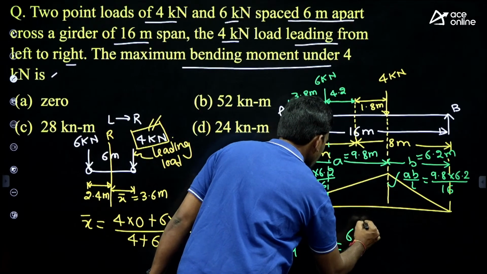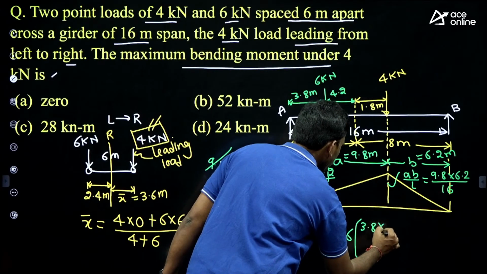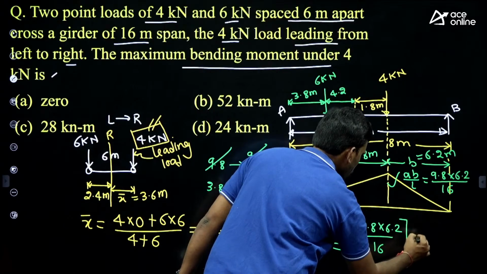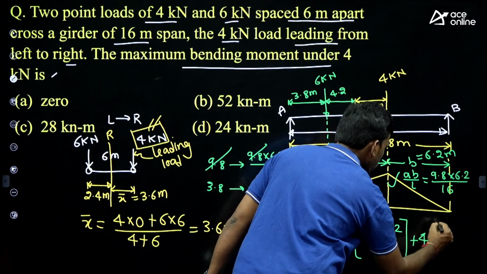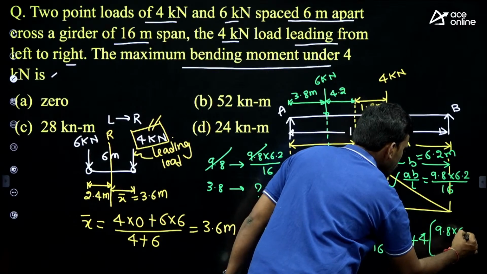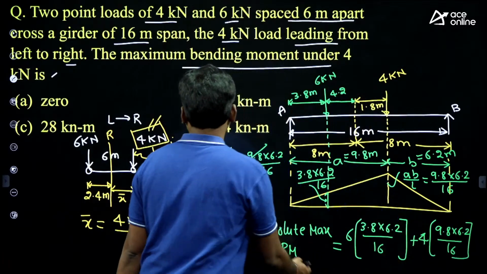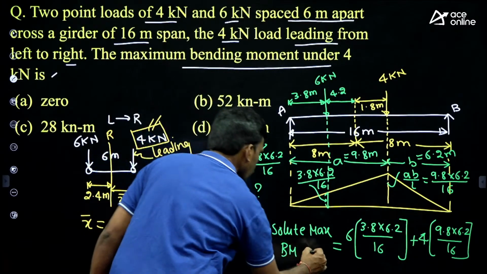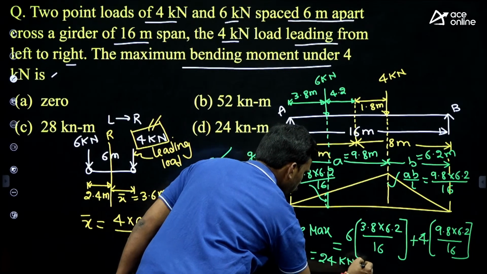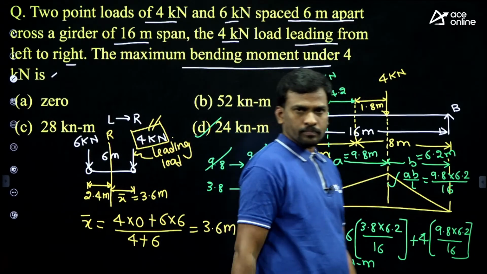So 6 into 3.8 into 6.2 divided by 16, plus 4 into the ordinate 9.8 into 6.2 divided by 16. Solve this and you will get the answer. I think you will get 24 kilonewton meter. Then option D is correct.